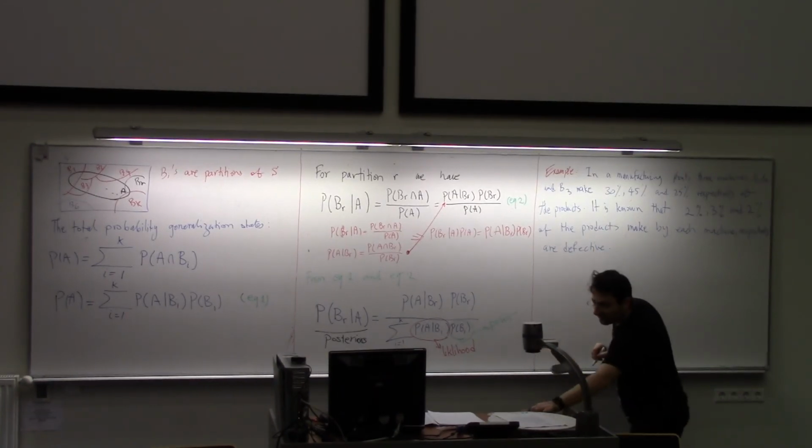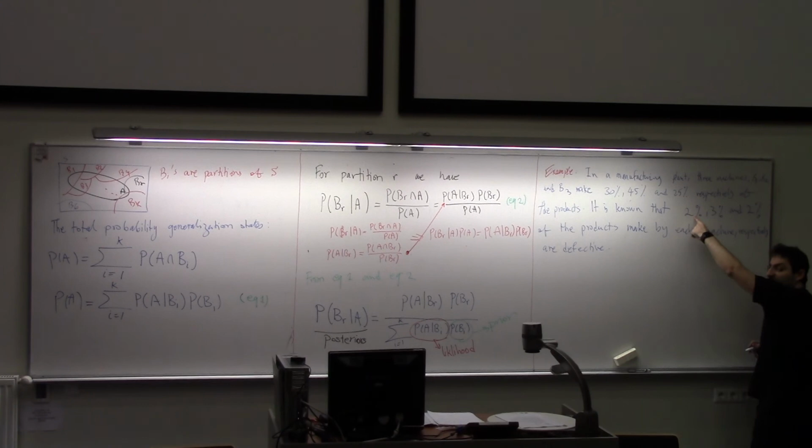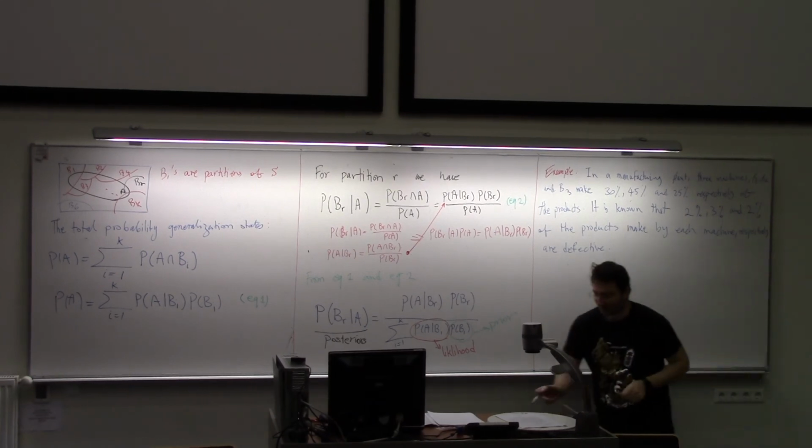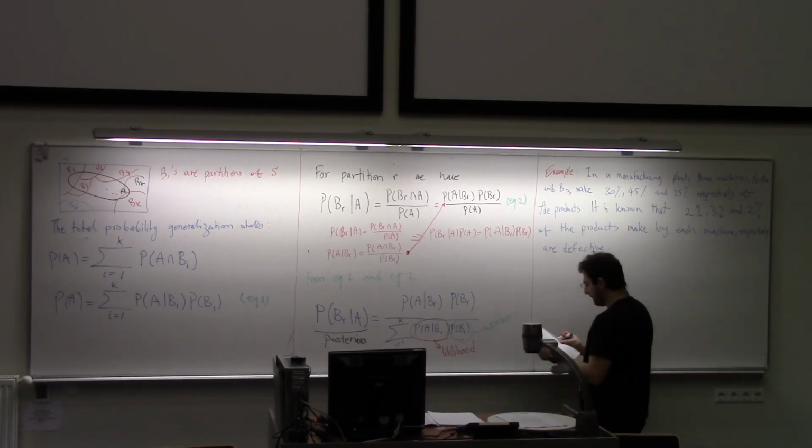If I produce something with machine 1, 2% of that one is faulty. With machine 2, 3% is faulty. With machine 3, 2% again is faulty.